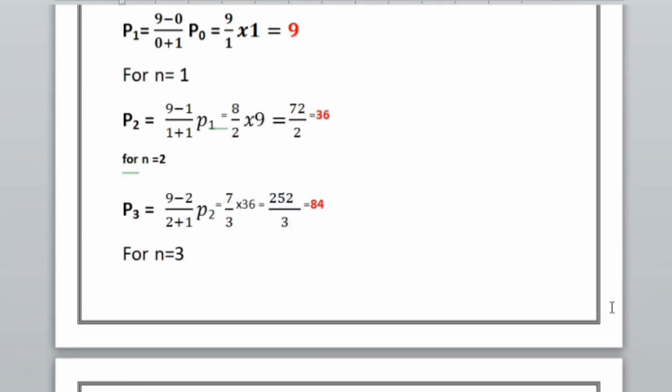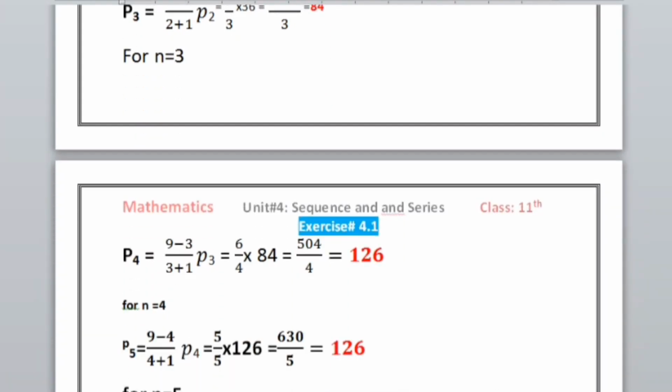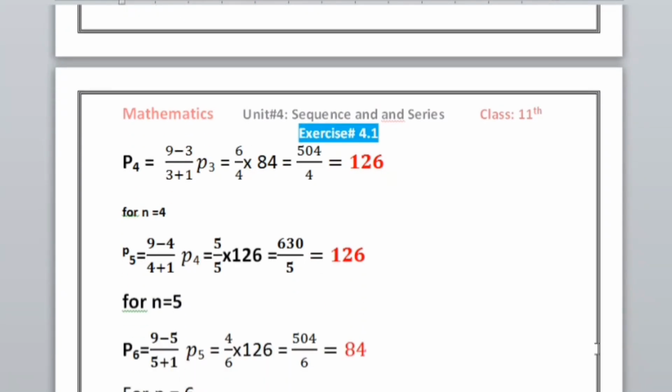Next, for n is equal to 3, p4 is equal to (9 minus 3) divided by (3 plus 1) times p3, which is equal to 6 divided by 4 multiply p3, which is equal to 84.